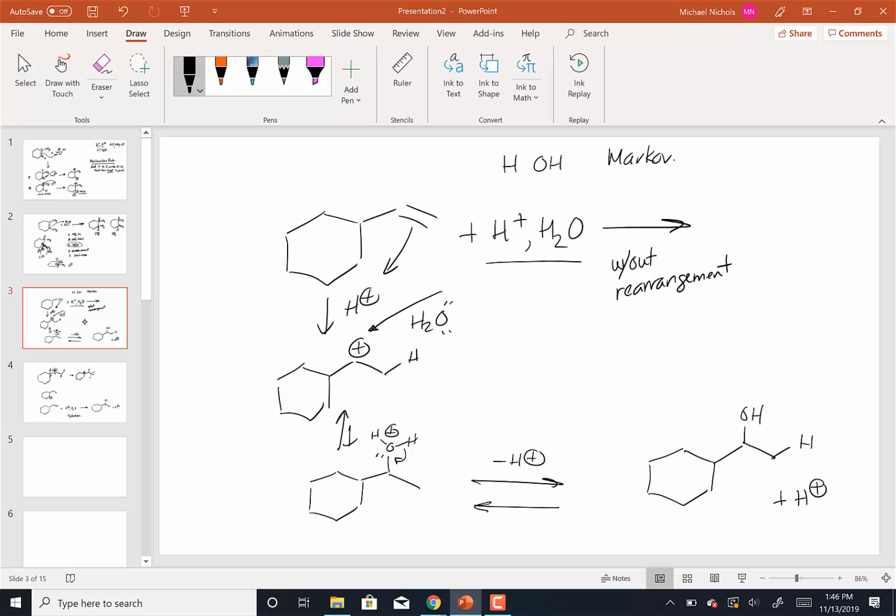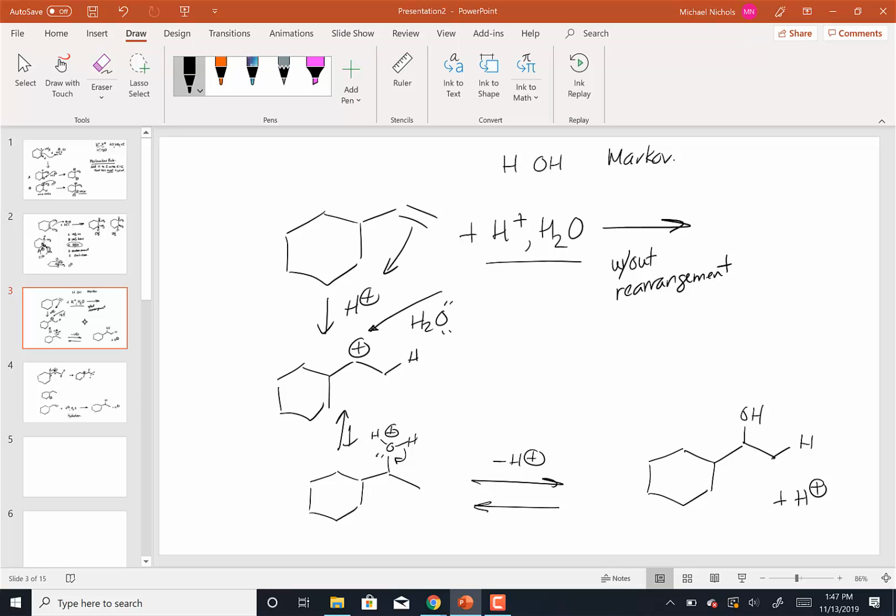Except the problem here is that if I took that alcohol and said, oh, I'm just going to reverse the process, I wouldn't get the same double bond, because the double bond would have to go in the most stable position. So it's reversible, but sometimes doesn't always give you the same alkene that you started with.